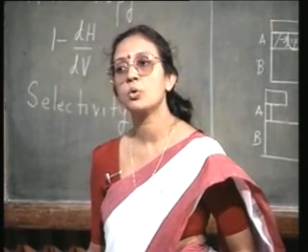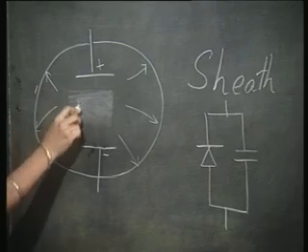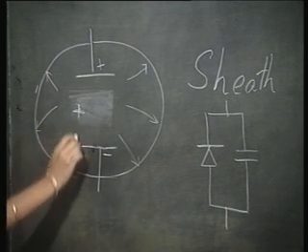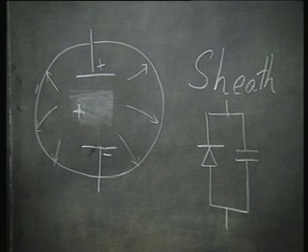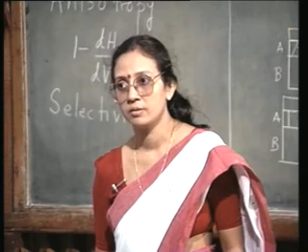Positive ions are slow to move. So, what do I have? I have a positively charged glow, a negatively charged electrode, and in between a region which is denuded of charges, that is, it is like having a dielectric. So, this is nothing but a capacitor during the negative half cycle.